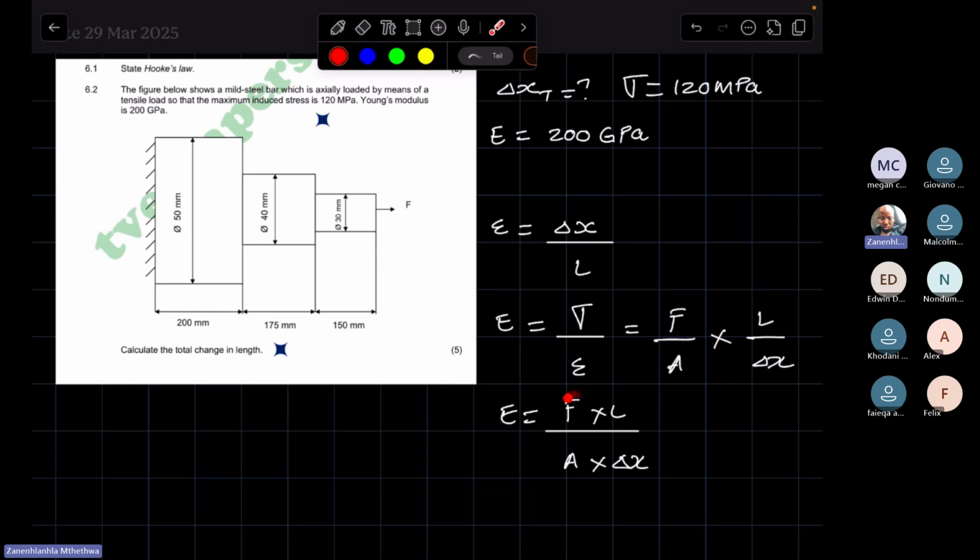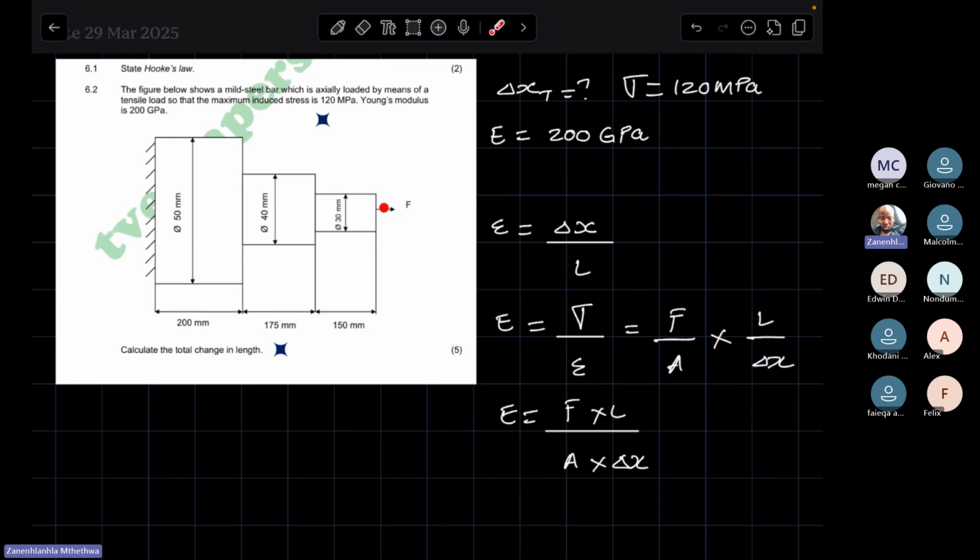Now remember, the force that is being applied here is only one force, right? And that force is essentially being applied at this point of the composite material.